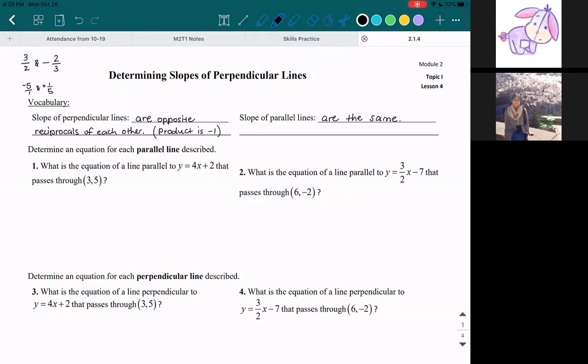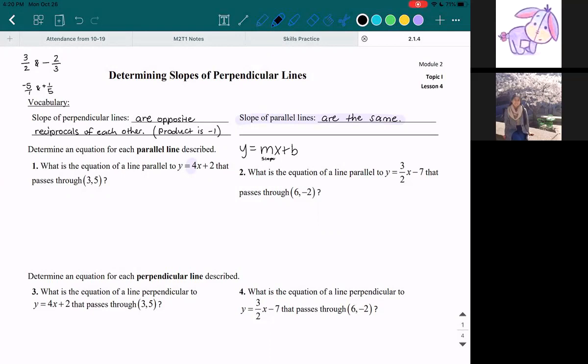What is the equation of a line parallel to y is equal to 4x plus 2 that passes through (3, 5)? So remember, slopes of parallel lines, according to our definition, they are the same. So let's focus in on the slope, which is 4. Okay, so we're going to write a new equation in the form y equals mx plus b, where m is your slope.